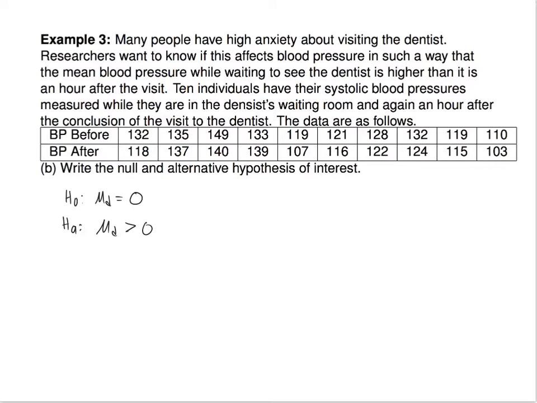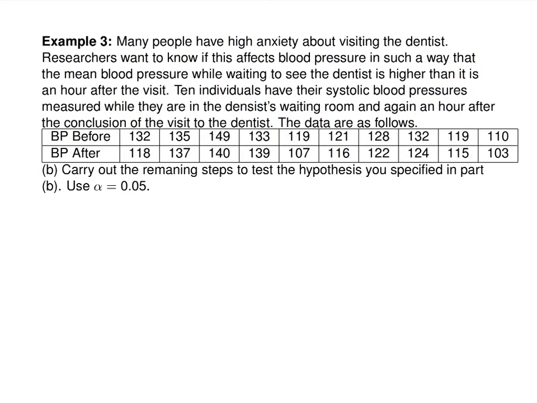Okay, so carry out the remaining steps to test the hypothesis. I just need to tell you that I found D bar was 5.7, and S sub D, which I found using Excel, using stdev and putting in a list of those numbers with commas between them, was equal to 6.019.